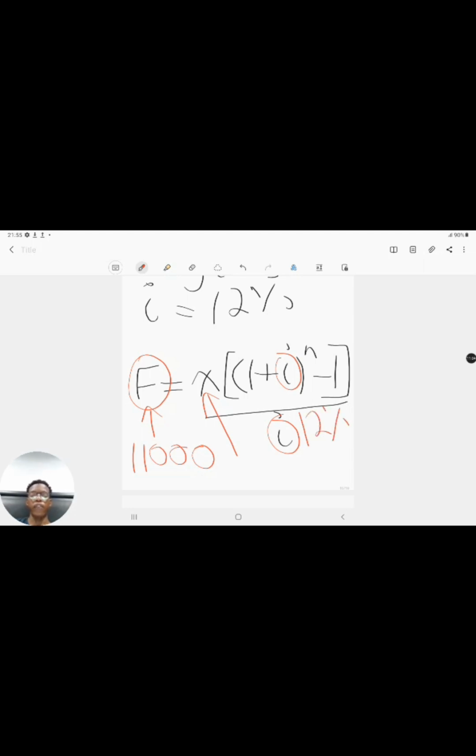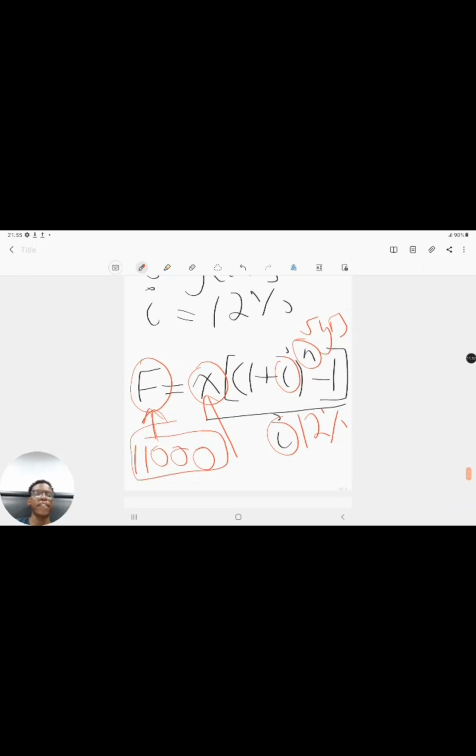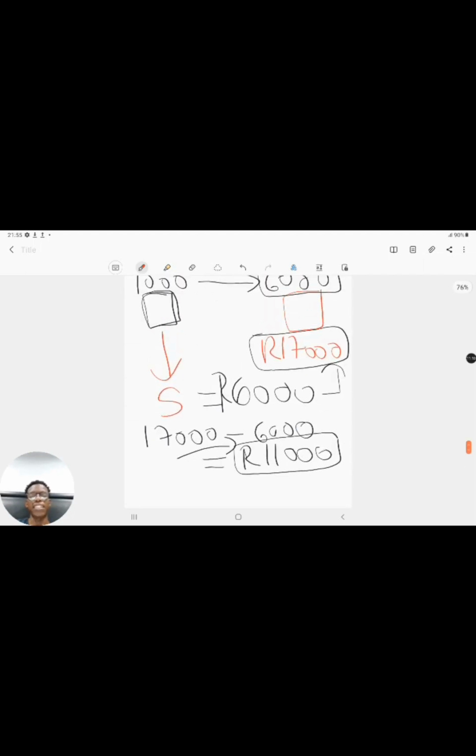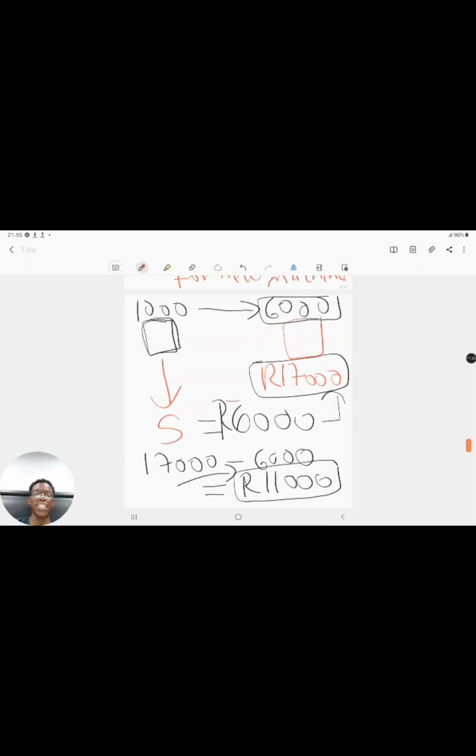If you do that, then you are going to get to 11,000 and you're going to be able to take that 11,000 and add it to the 6,000 that you will have sold your machine for, so that you can get the 17,000 that the new machine will cost, so that you can keep your business running efficiently.